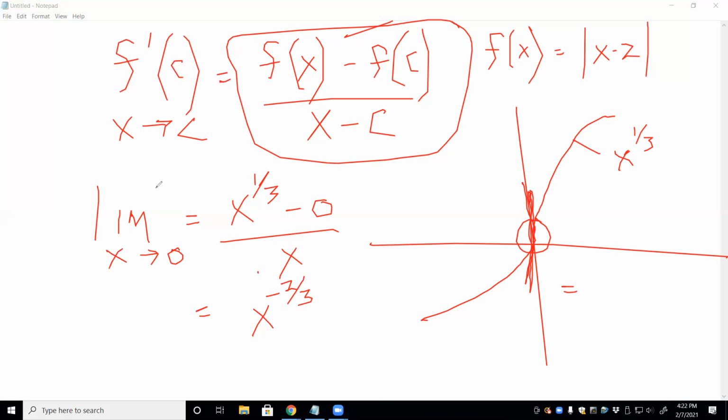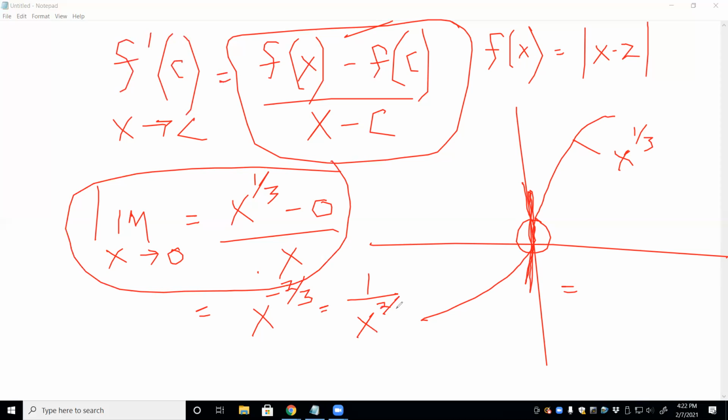If I substitute 0 in for x, I can see that the denominator goes to 0 and the numerator stays at 1. x can be all numbers on the number line except 0.